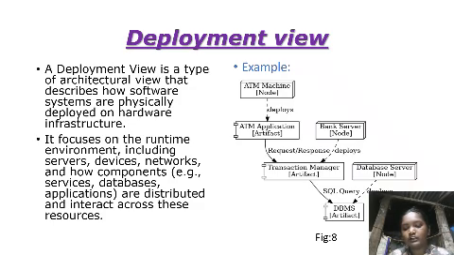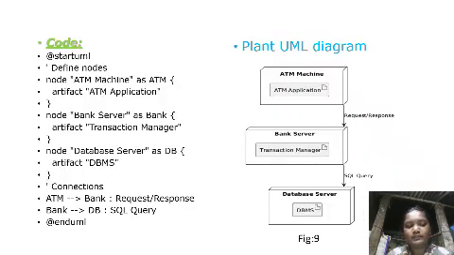In this diagram we can see how the ATM machine performs and how the user performs actions on it. Here we see the UML code. It starts with @startuml. In this, we define the nodes: ATM machine as ATM artifact and ATM application, and bank server as bank artifact and transaction manager.